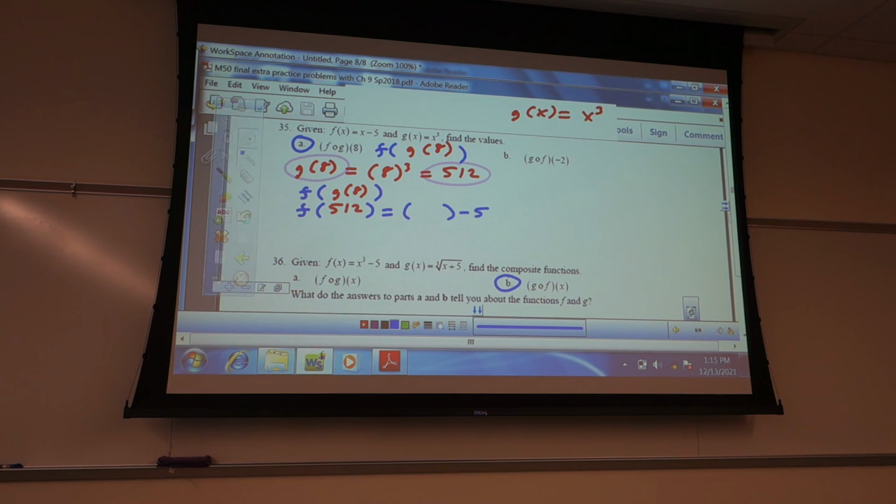What's my x in this case? 512. So what's 512 minus 5? 507. Done. That's f of g of 8. So f of g of 8 is 507. That's your final answer.